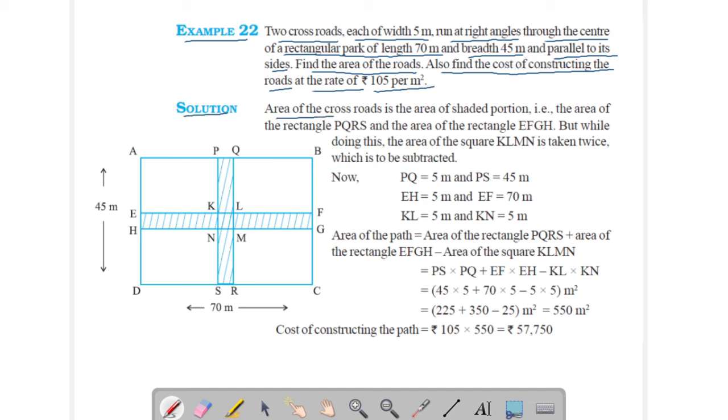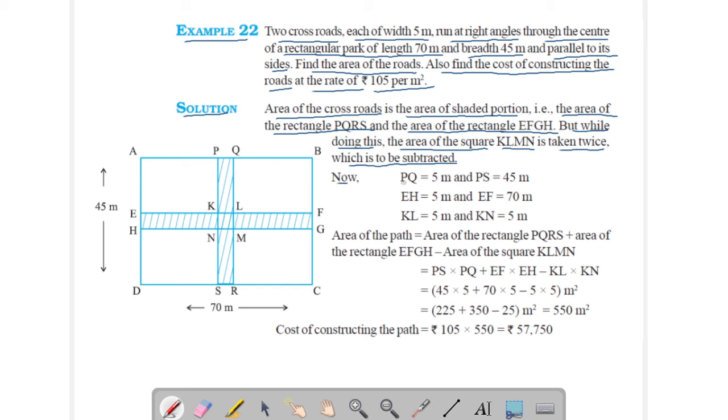Here area of the crossroads is the area of shaded portion, that is area of rectangle PQRS and area of rectangle EFGH. But while doing this, the area of square KLMN is taken twice, which is to be subtracted.